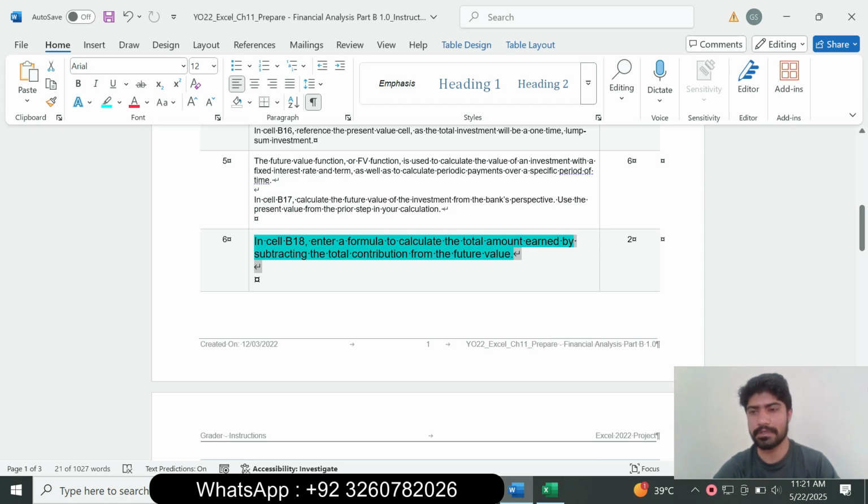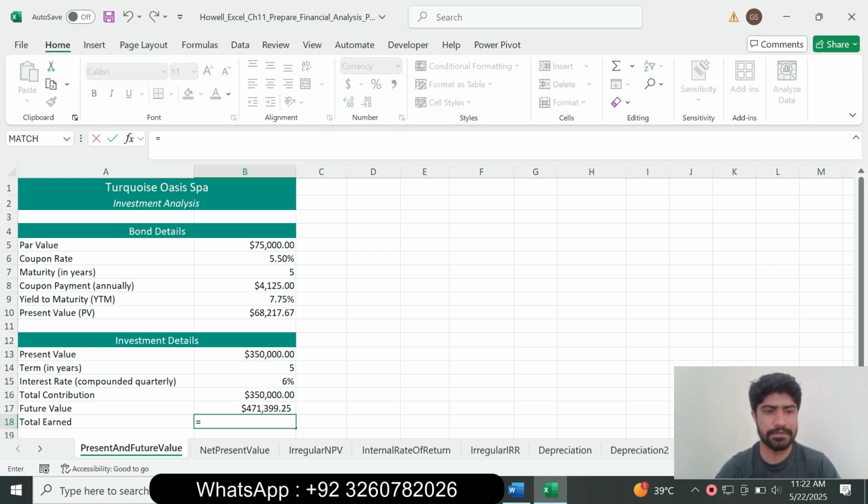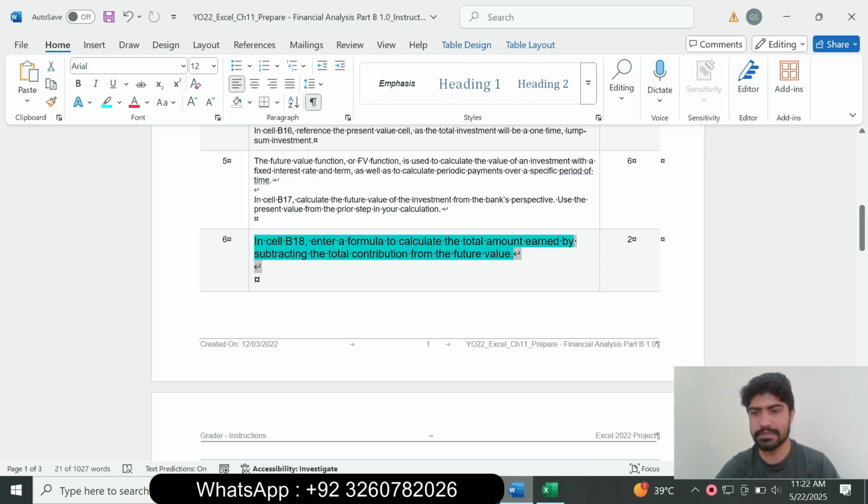Enter the formula to calculate the total amount earned by subtracting the total contribution from the future value. In cell B18, type equal to and select the future value in B70, and type the minus, total contribution: B70 minus B16.